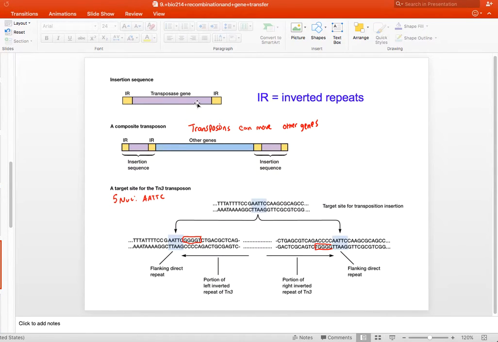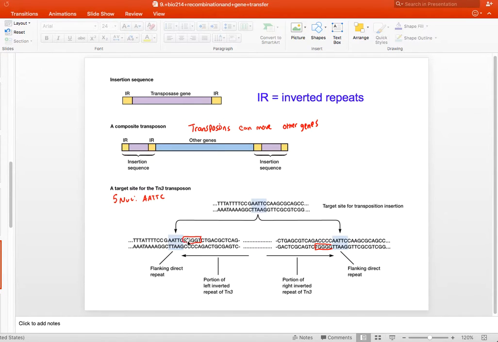When you have these transposons, you will have inverted repeats. So this goes G G G G T. This will go A C C C C C. This is not a direct complementation.